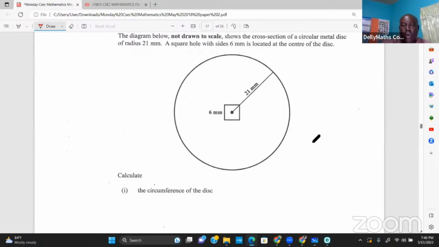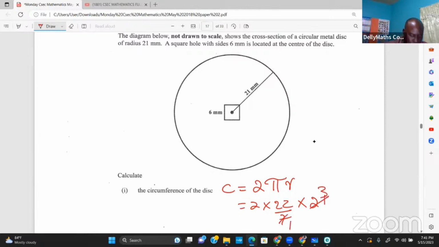Well, you know what circumference is equal to. Circumference, C, is equal to 2 times pi times r. So it's going to be 2 times 22/7 times r, which is 21. I could do a quick thing, 7 into 21 is 3. So we put that together: 2 times 22 times 3.